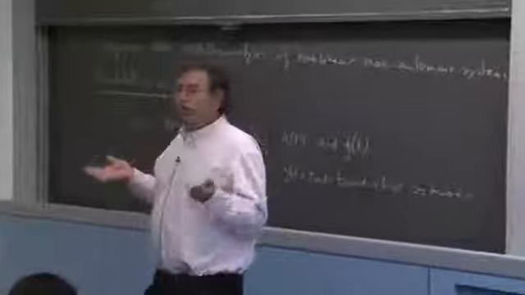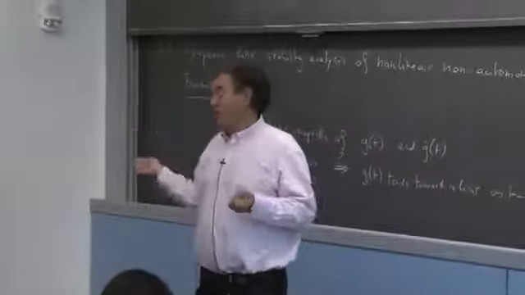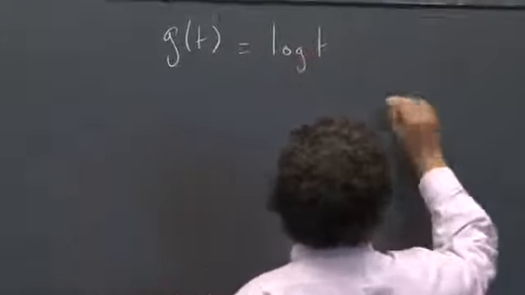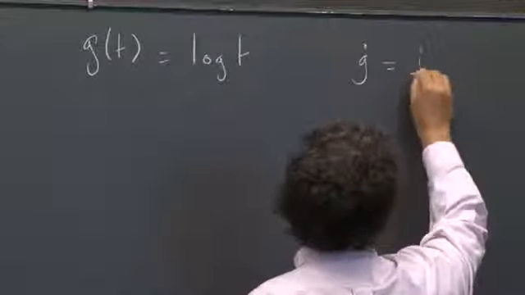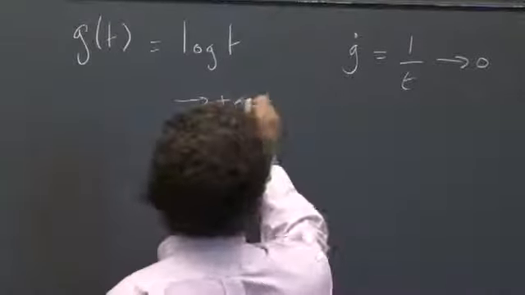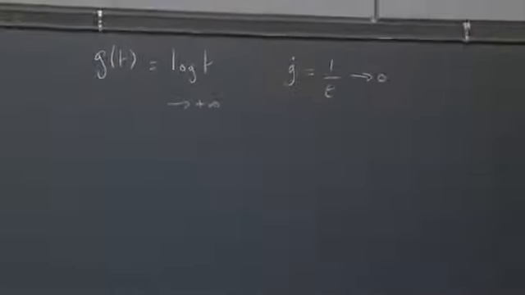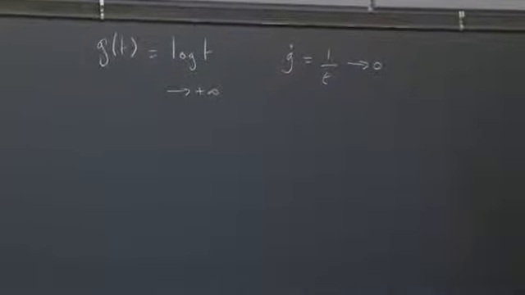Well, it's certainly not true, for instance, that it tends towards a finite limit, because if you just take log t, if you take g of t equal log t, the derivative, of course, g dot is 1 over t, which tends to 0, but log t is going to tend to infinity. So it's not a finite limit.